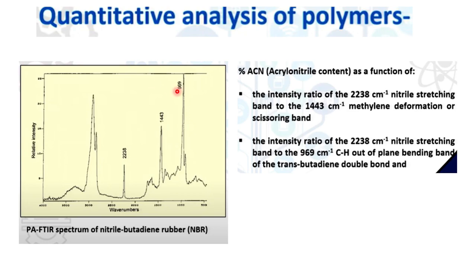The quantitative analysis, for example, it is a spectra of a nitrile butadiene rubber. Let's say you are purchasing NBR from different suppliers and they have different acrylonitrile content, so how can you confirm whether the supplier is sending you the same sample or there is a change? You can do the analysis.